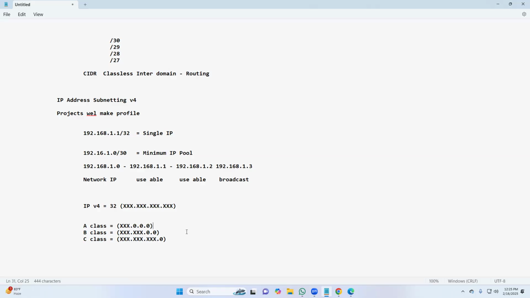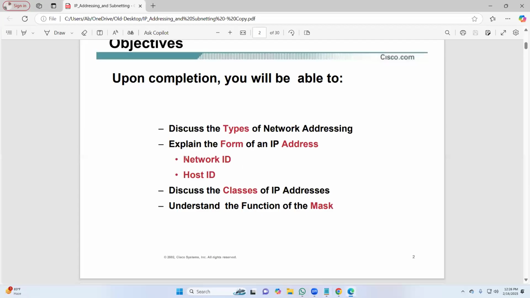Then we can break the IP pool through this technique, and you can use /30, /29, /28, /27 and so on. So I think you understand these things, but in a better way you will understand the network and host IP.